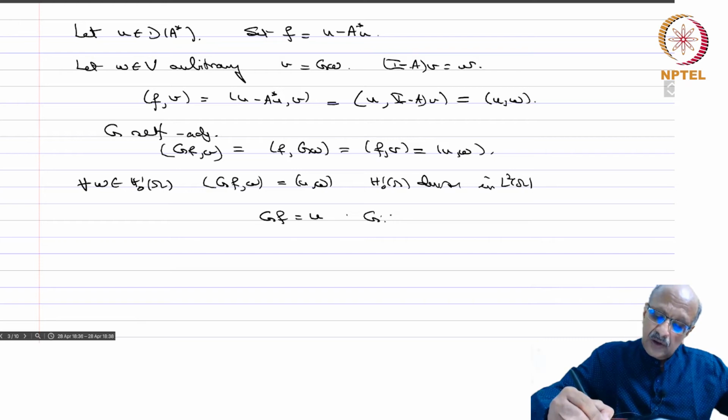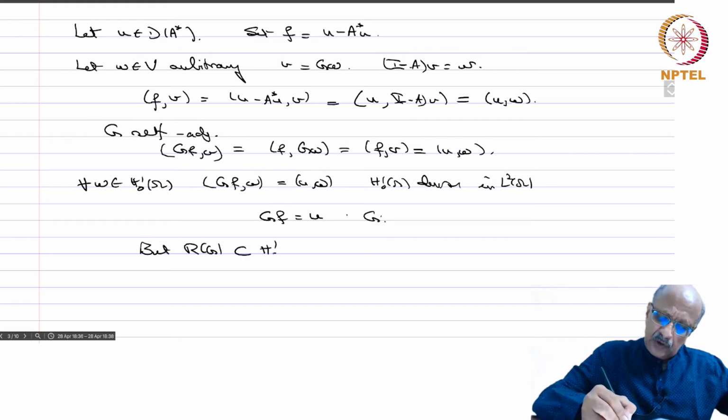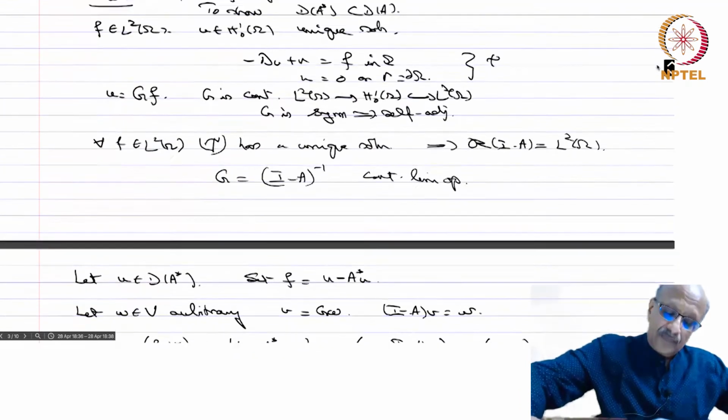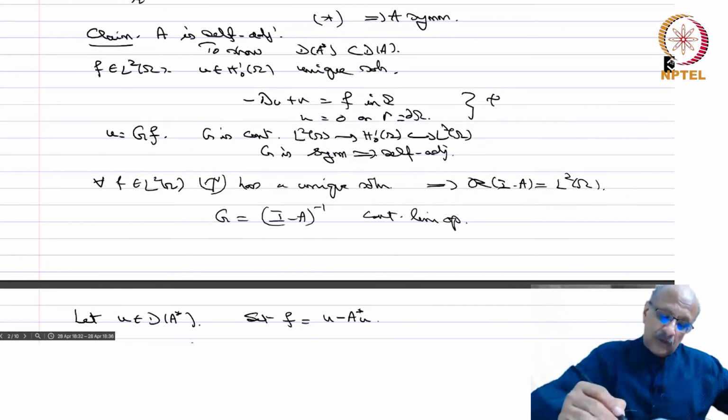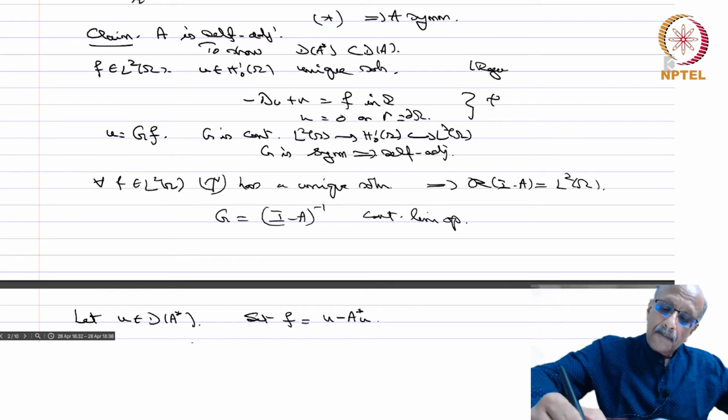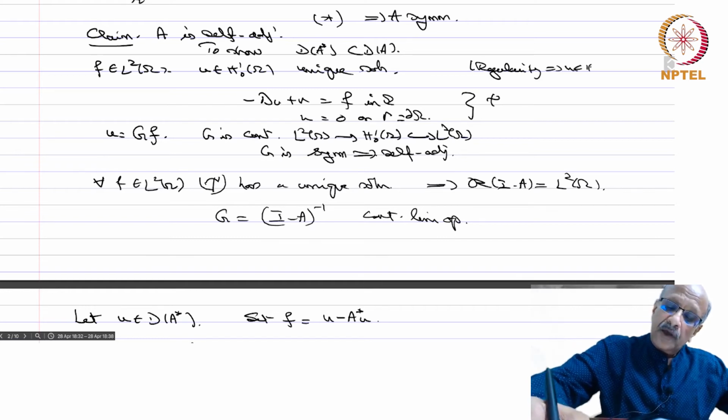But where does G go? The range of G is contained in H10 of omega, and by the regularity theorem it is also in H2 of omega, because if you take the solution here, there is a unique solution, and by regularity u is in H2 of omega in fact.